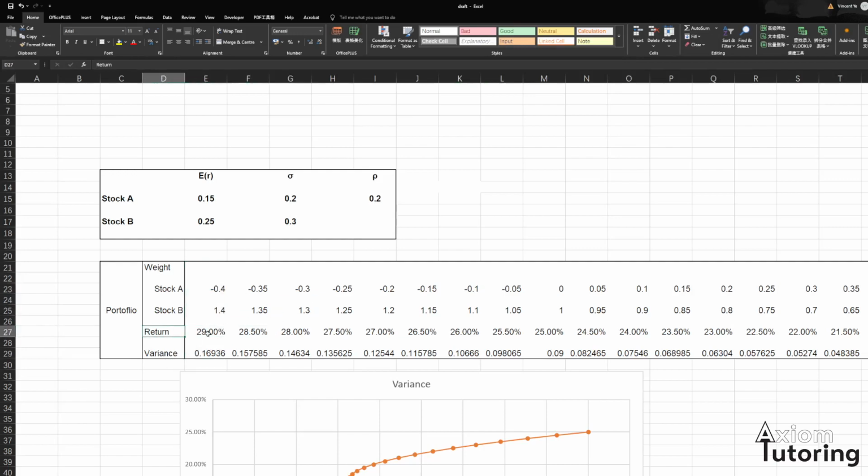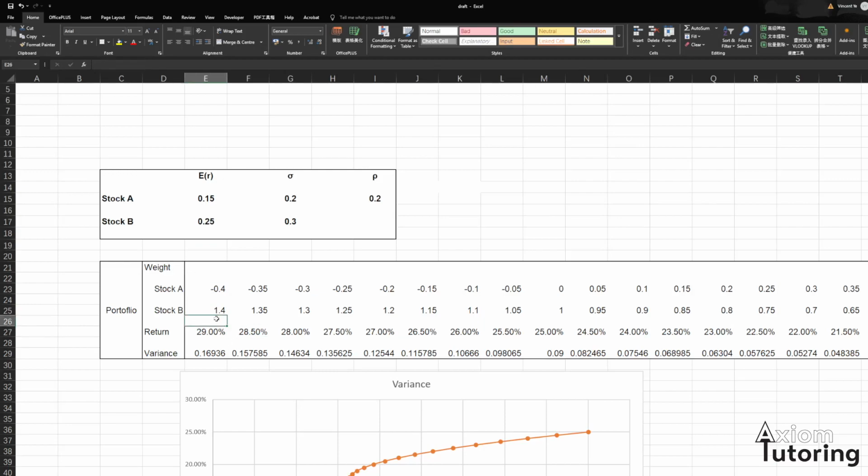It has a return of 29%, which is higher than any of those component stocks here. So it is possible, with the help of short selling, to achieve a higher return than any of those individual stocks would have provided you with. You only have to short sell some of stock A, and then use those proceeds to invest in more of stock B, because stock B provides a higher return on average.